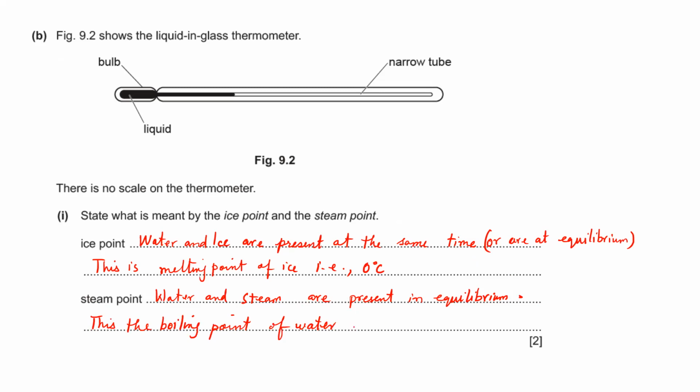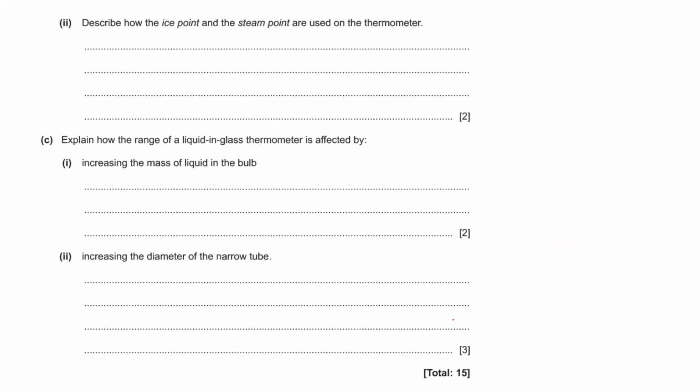So remember, that boiling point is at 100 degrees centigrade. So at boiling point, we have both steam and water present at the same time. Okay. So next part, describe how ice point and steam point are used on a thermometer.